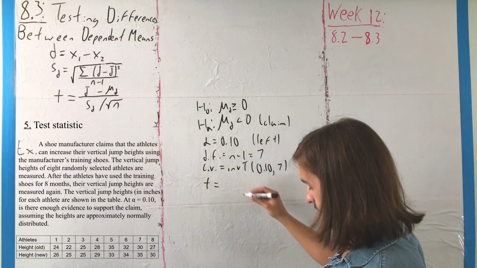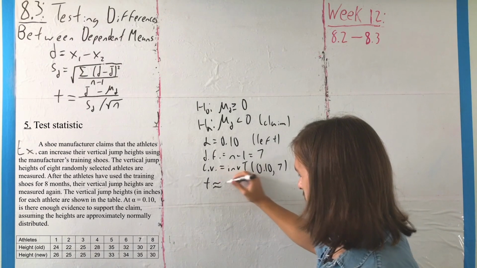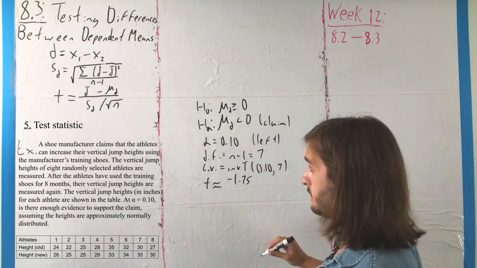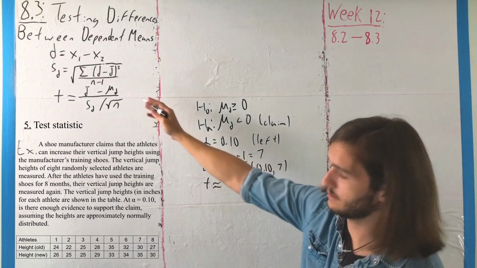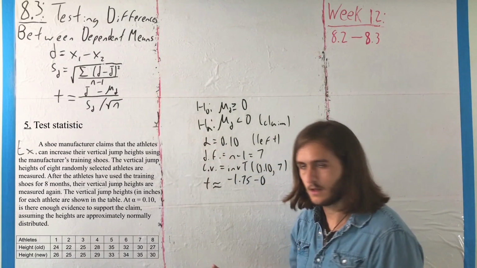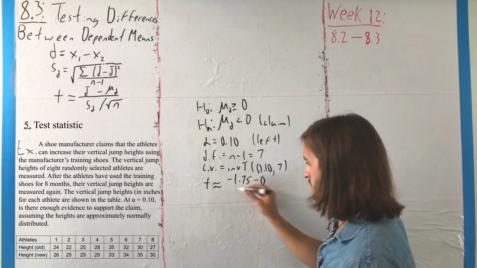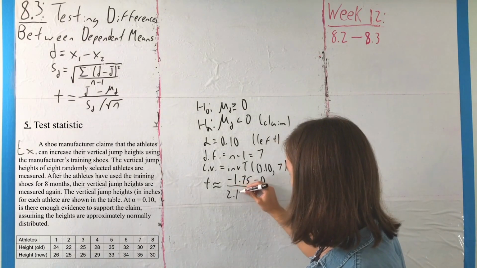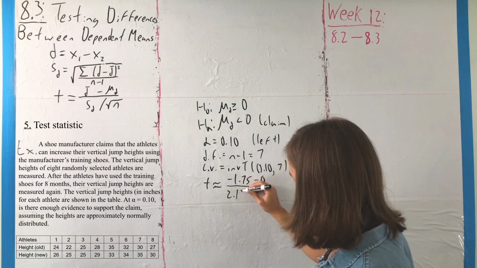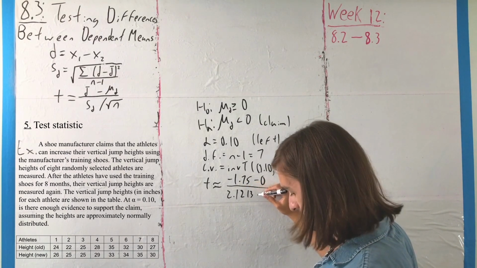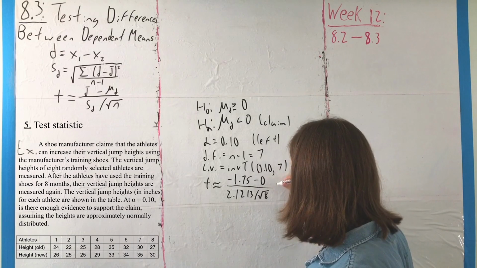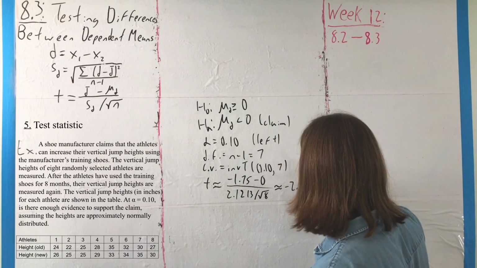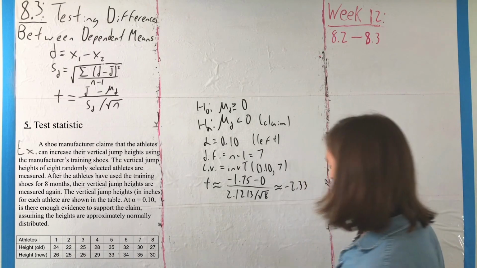In this case, that flavor is something like negative 1.75 minus 0, because we're assuming, kind of, that the mean difference should be nothing, divided by 2.1213 over the square root of 8. So our test statistic is approximately negative 2.33.